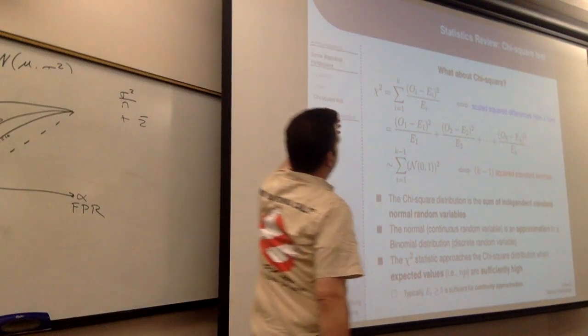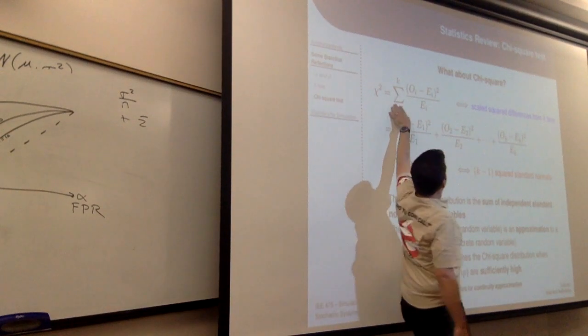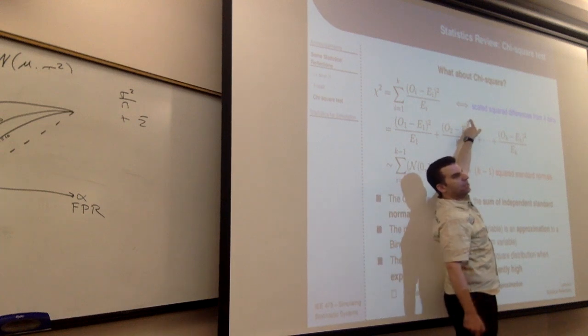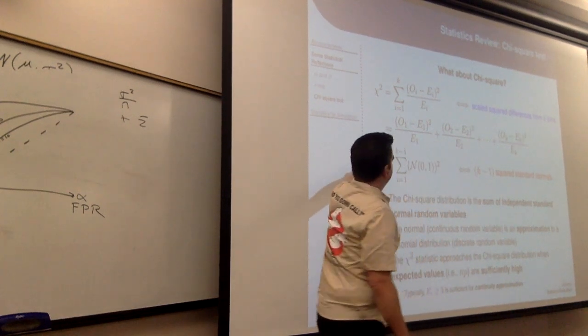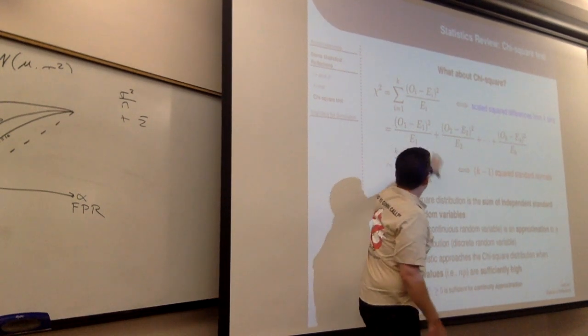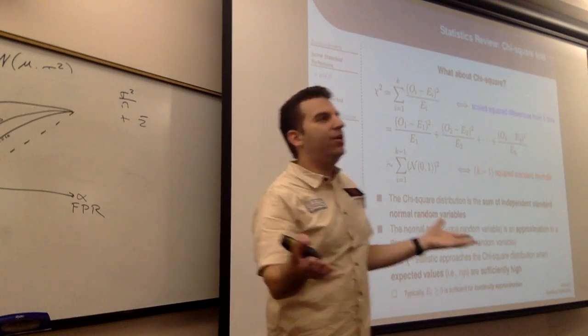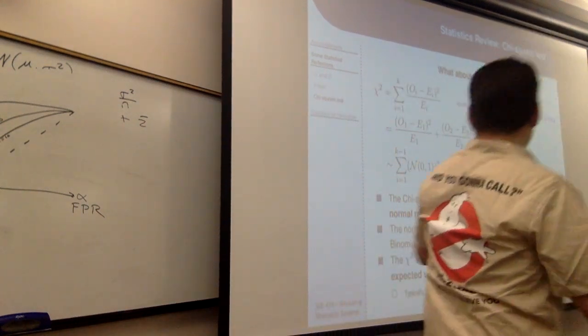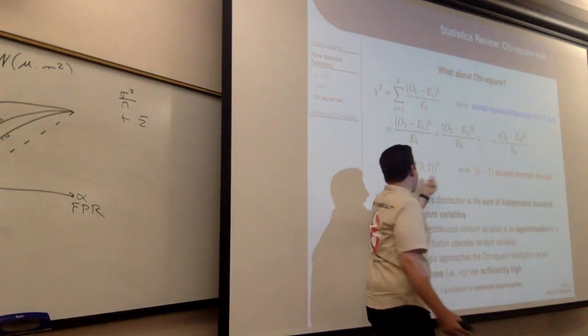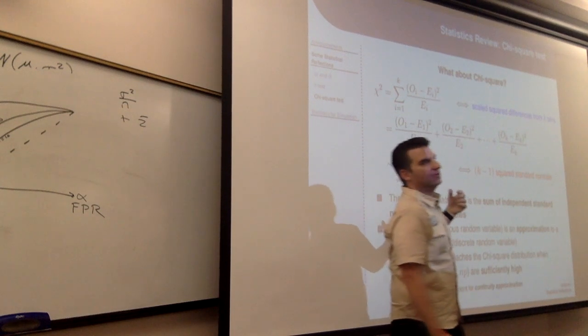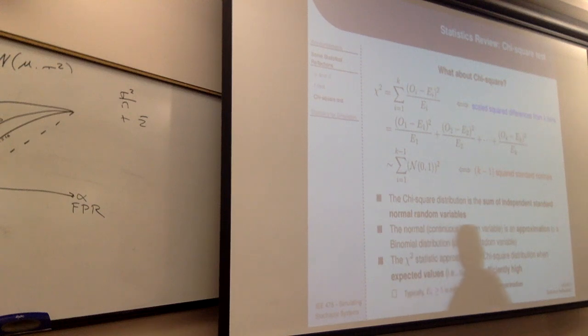So in our chi-squared test, these scaled squared differences from each one of your bins are actually distributed as the sum of k minus 1 standard normals. So where do you get a chi-squared distribution? It is the distribution of, if you added up k minus 1 standard normals that were independent from each other. And that's where you get this funny distribution that we talk about.